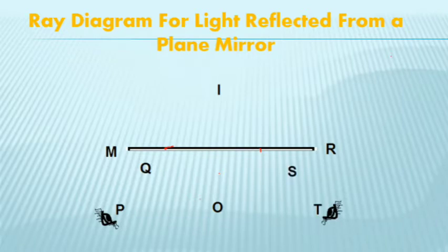So from both sides we can see the image at the same distance, and how that is the same distance we will see right now.